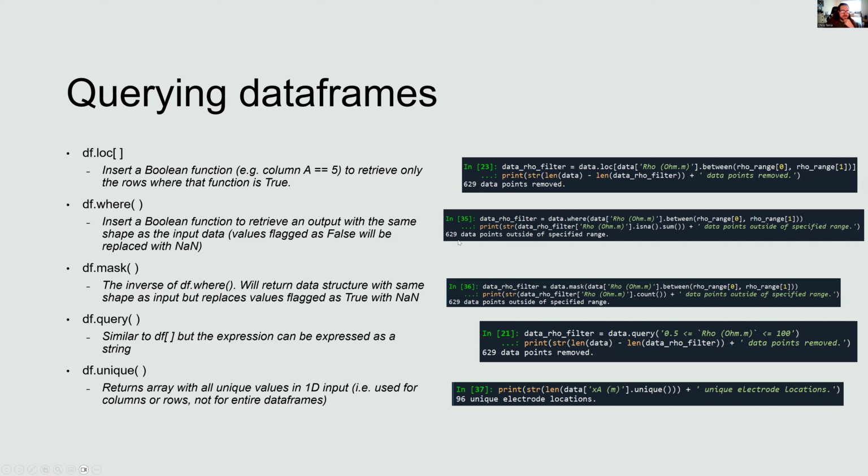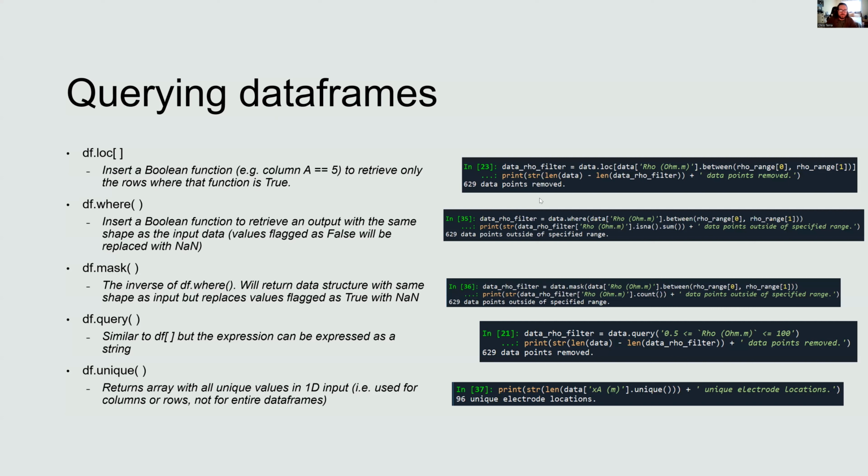So if you have certain processing steps where you need to maintain the same shape of your data frame throughout the entirety of it, then that's where you would want to use .where as opposed to .loc. .loc is just going to return a data frame of just the points that meet that relationship.